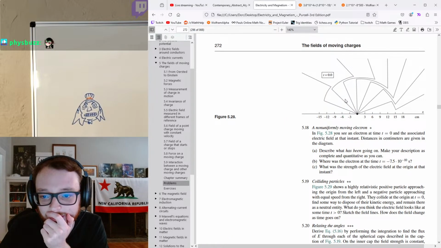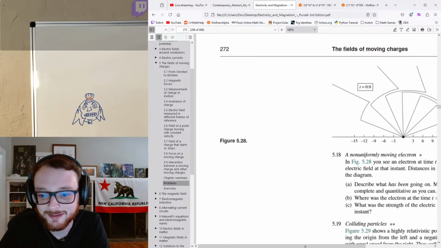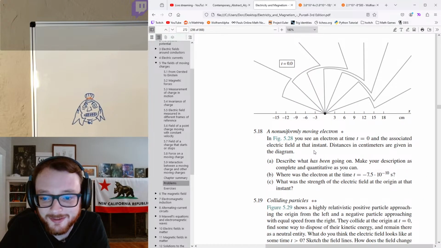What's happening here? This feels like some symbol you'd see in Outer Wilds. In figure 5.28, it's a 1-star question. You see an electron at time t equals 0 and the associated electric field at that instant. Distances in centimeters are given in the diagram.